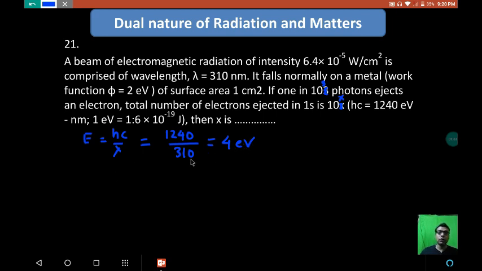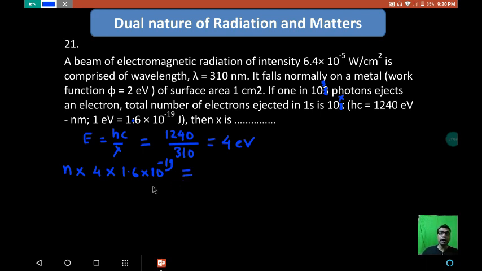Now it is in electron volts, we can convert into joules. Number of photons into the energy, and we have to convert into joules, so we have to multiply by 1.6 into 10 power minus 19, since 1 electron volt is equal to 1.6 into 10 power minus 19 joules.